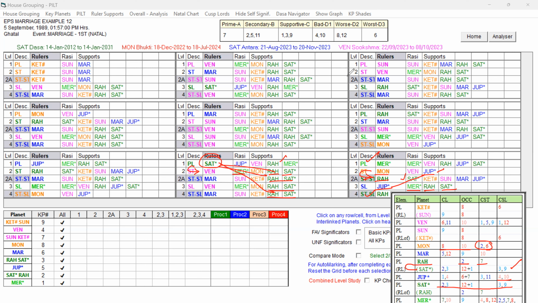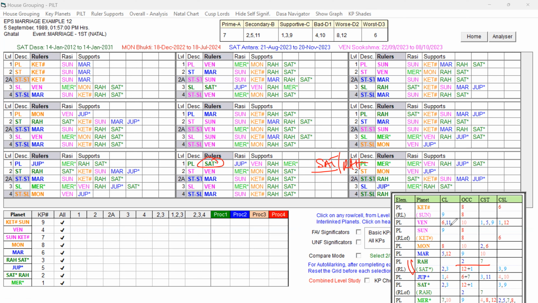So that way we are able to identify in the Dasa Lord which are the favorable key planets making the Dasa Lord favorable. Saturn itself is a good key planet, and Saturn means automatically Rahu will come, because Rahu also represents Saturn, and Rahu is also a good key planet. Saturn and Rahu.